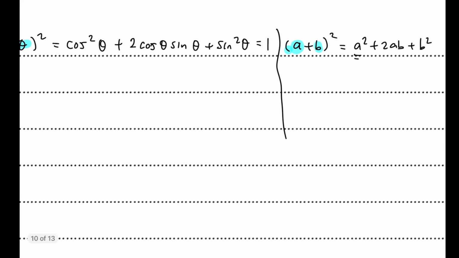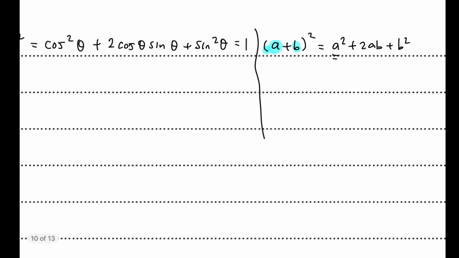How do we simplify this? We have the second formula in trigonometry that says cos squared theta plus sin squared theta equals 1. So whenever in the question you have cos squared and sin squared added, just make it equal to 1. That's the key.